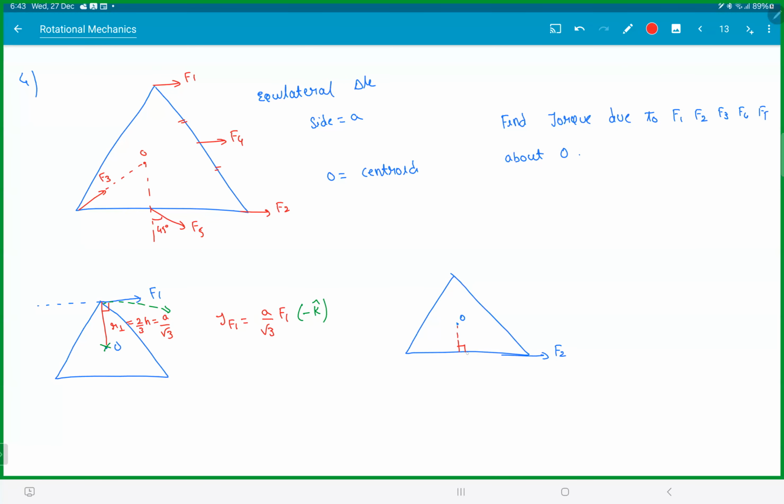Extend the vector, drop the perpendicular. So this is your R bar, which is A by 2 root 3. And the direction would be this way. So torque due to F2 will be A by 2 root 3 into F2 and direction is plus K cap. Torque due to F3 will be 0, passing through axis.